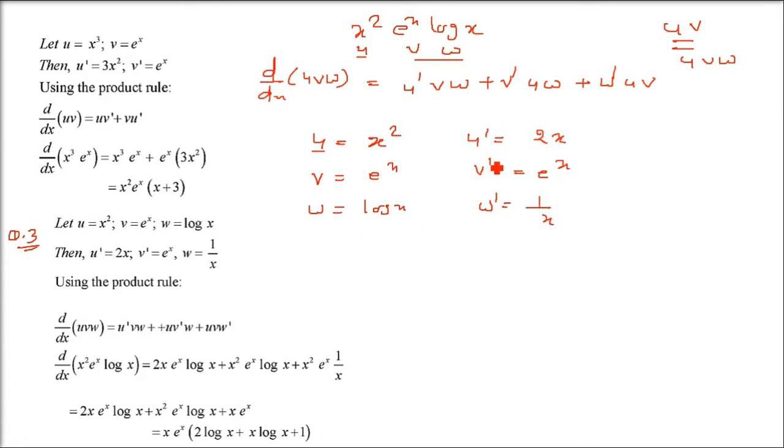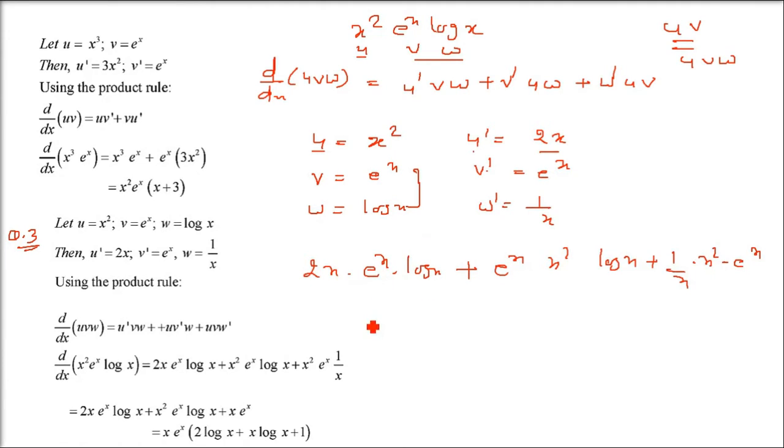So for u dash, when we take 2x, we have to take e raise x and log x. When we take v dash, that is e raise x, we have to take x square and log x. When we take w dash, 1 by x, we'll take u and v, x square and e raise x.